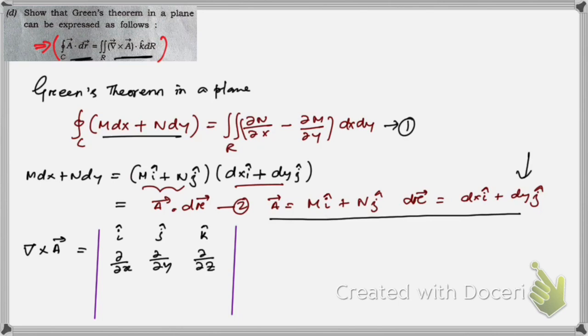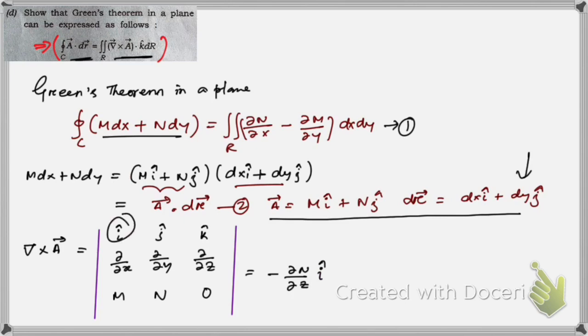That's why when you write the coefficients of vector A, you have to write M, N and 0, because we don't have the z component here. Now if you expand it, what you're going to get is minus del N by del z, i cap.